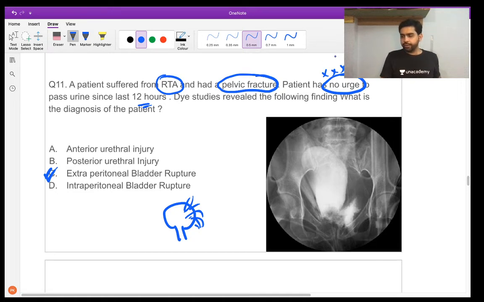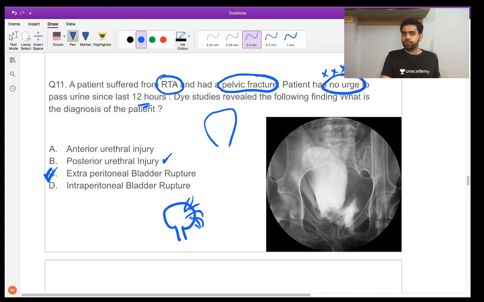Did you get it? Okay, right. But what if the patient has a posterior urethral injury? It is good that you tried to correlate that posterior urethral injury is also associated with pelvic fracture. But why is the answer not posterior urethral injury? Because if the patient had not passed urine for 12 hours, the patient would have a palpable urinary bladder and obviously a severe urge to pass urine. But in this question there is no urge to pass urine.